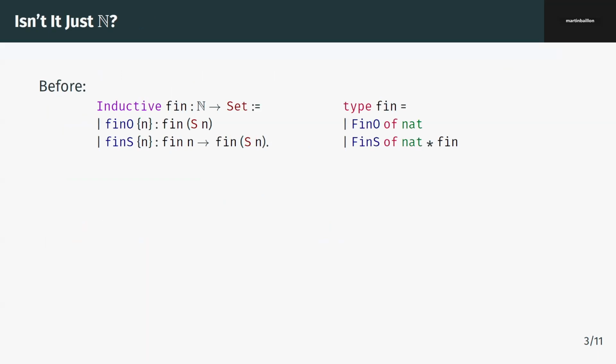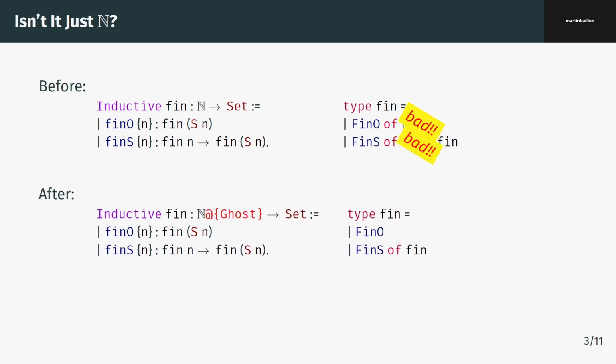And it extracted with the natural number as an argument of the constructor, right? And with the ghost annotation, we get no natural number in the constructors of the extracted code, and we get something that is kind of like nat. So maybe we could extract to something like this even, right?